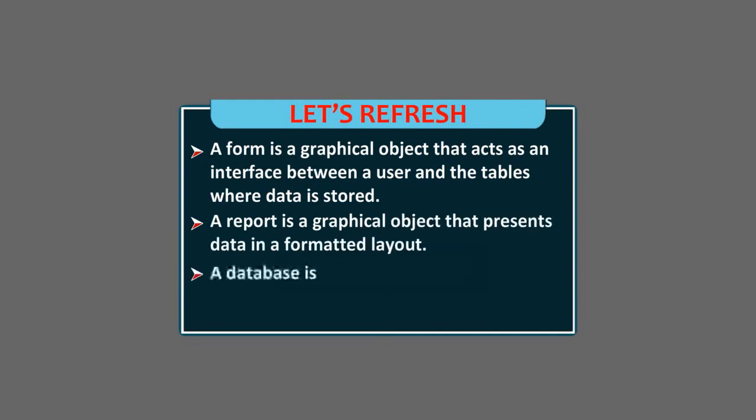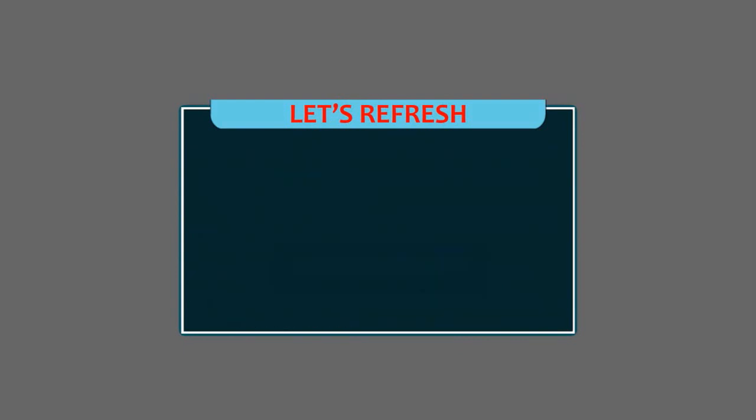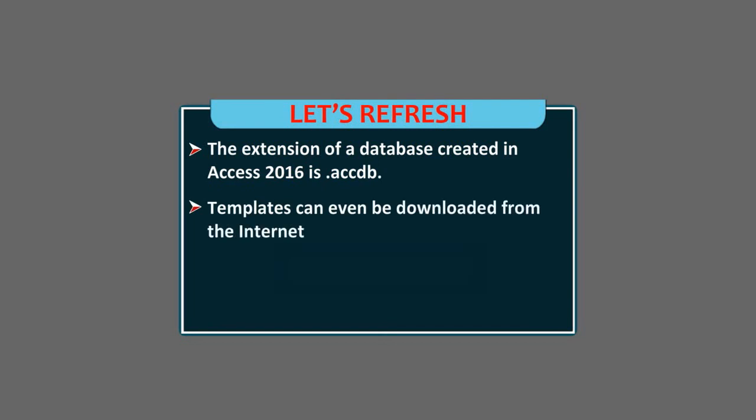A database is a storehouse of various database objects such as tables, queries, forms, reports, etc. The extension of a database created in Access 2016 is .accdb. Templates can even be downloaded from the internet and can be used for creating a database.